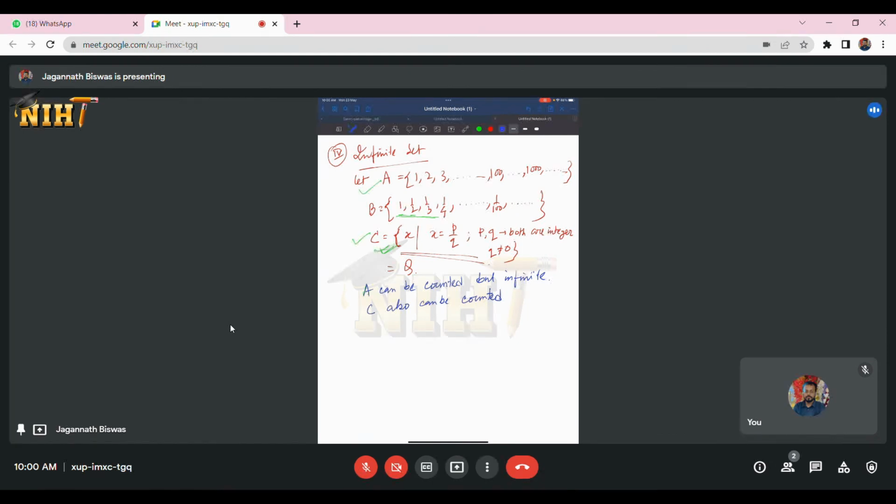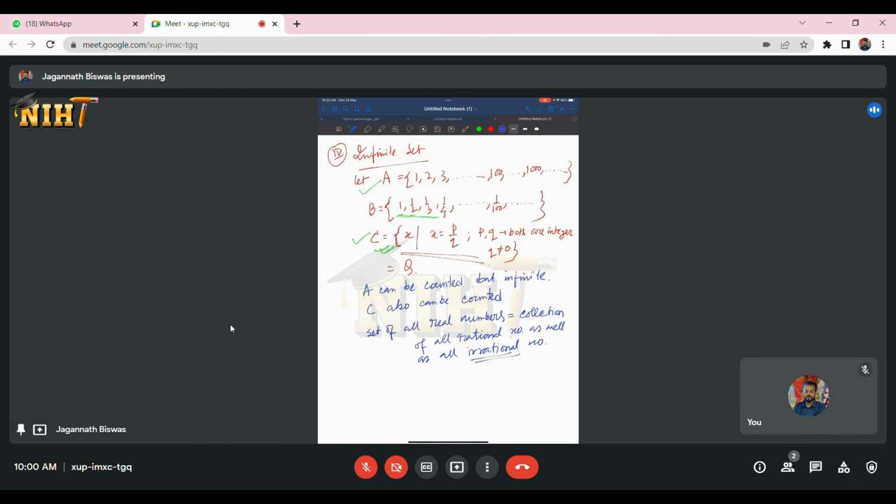But if I say the set of all real numbers, what does real number mean? Collection of all rational numbers as well as all irrational numbers.